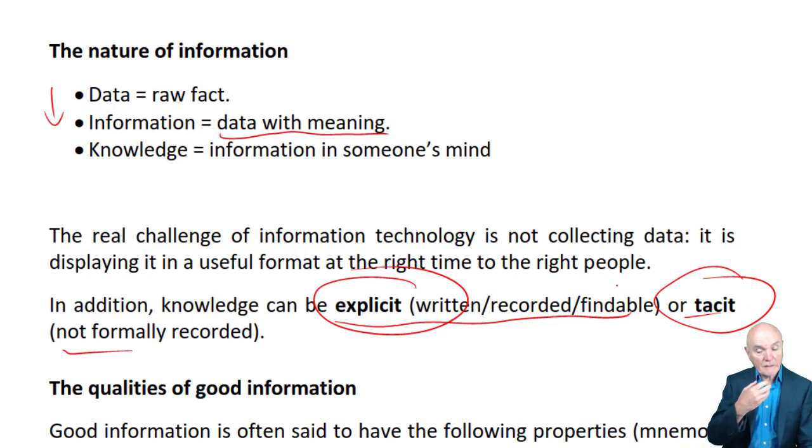Similarly, when you're providing products, most of what happens with a product is explicit. You have a diagram, you have a product specification, you know how to make it. This is all explicit information. When you're providing a service, you know what makes a restaurant particularly good. And okay, the recipes and so on could be explicit, but also what you want is a way of making people feel welcome, of trying to create an atmosphere in the restaurant which people find relaxing.